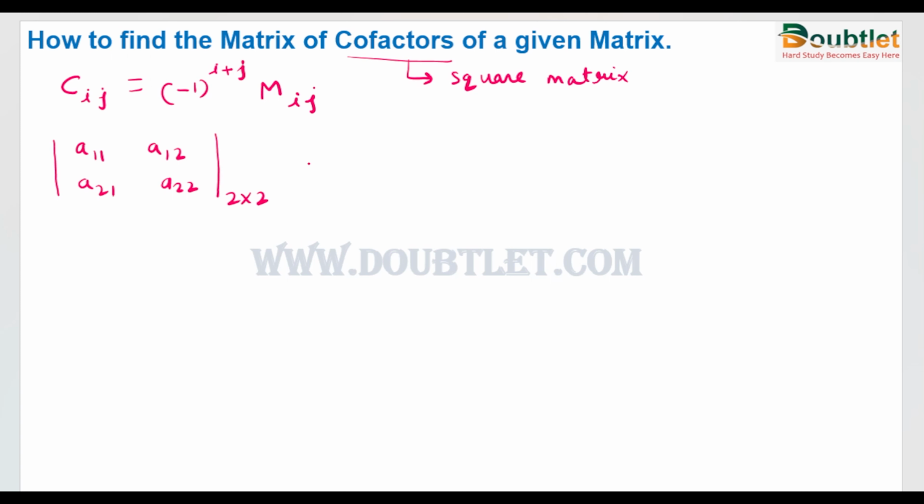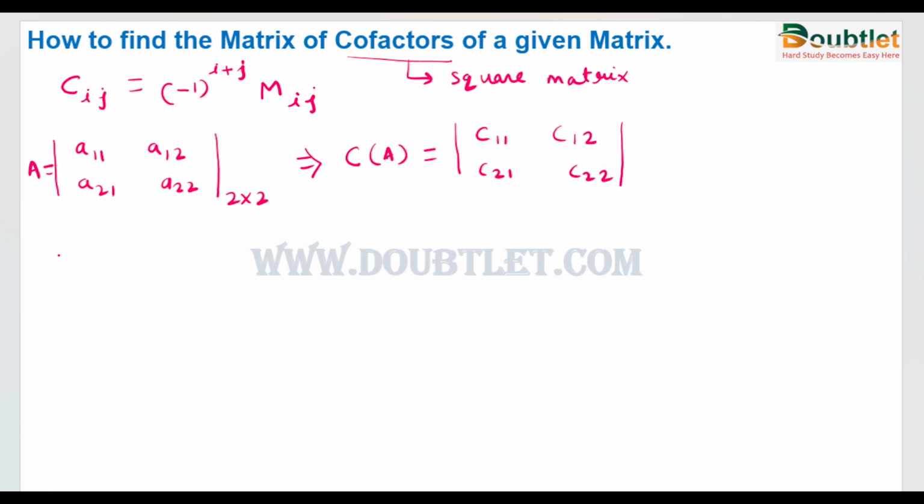So here this is a square matrix, and let's suppose its name is A. To find the cofactor matrix of A, we have to find the cofactor of each element. We will represent the cofactor of the first element, A11, as C11, the second element as C12, then C21 and C22, and this whole matrix is known as the matrix of cofactors.